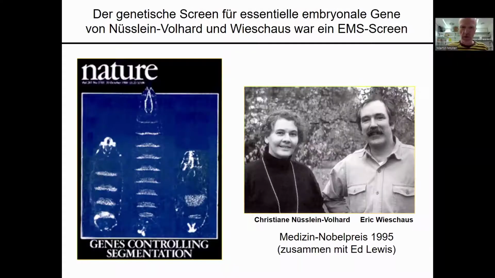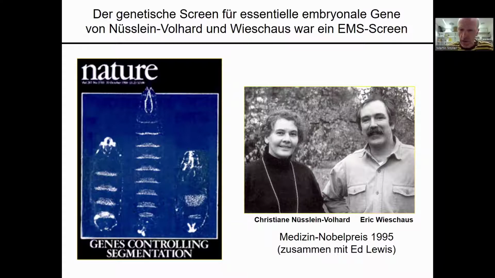So I promised you in the lecture that we will briefly look at the crossing scheme used by Jani Nüsslein and Eric Wieschaus when they were doing their very influential screen looking for embryonic lethal mutations, looking for genes, in other words, which have an important role during embryonic development.